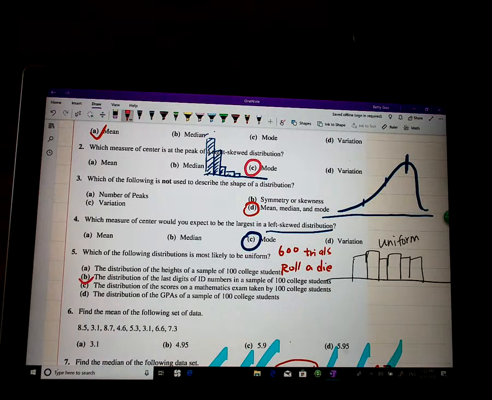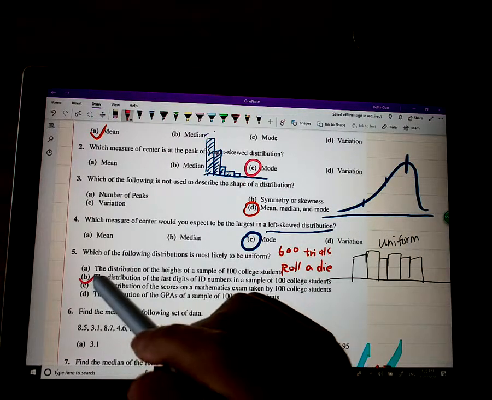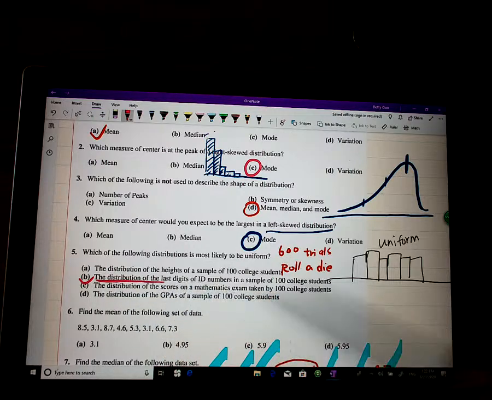When we talked about histograms, I showed you 4 histograms. One is bell-shaped, one is uniform, one is skewed to the left, one is skewed to the right, right? I actually used this example before.